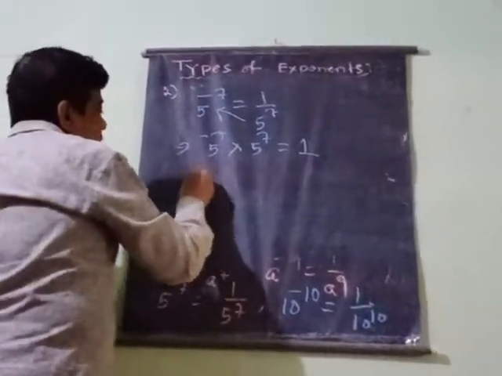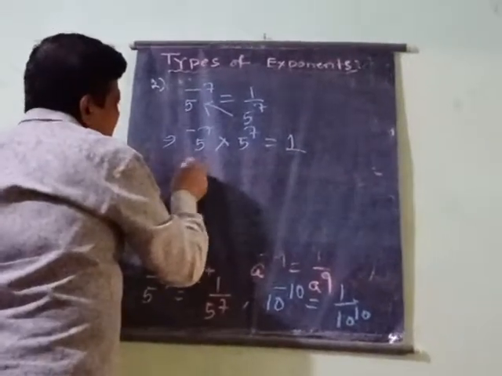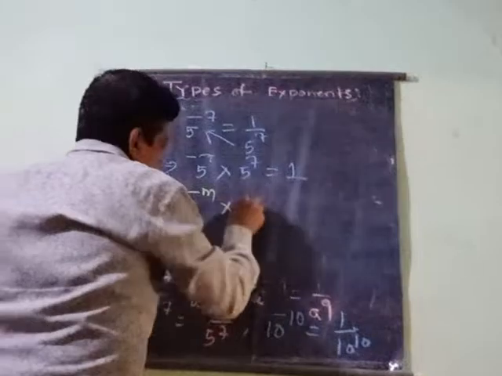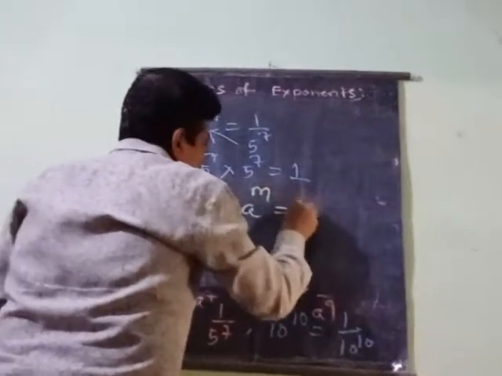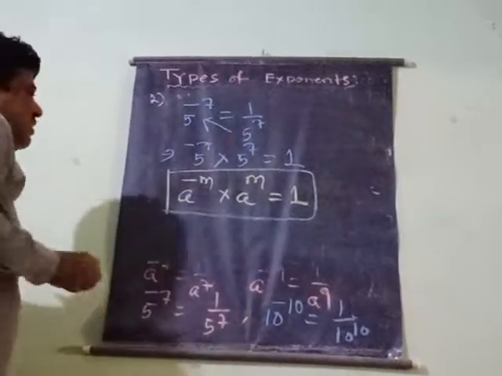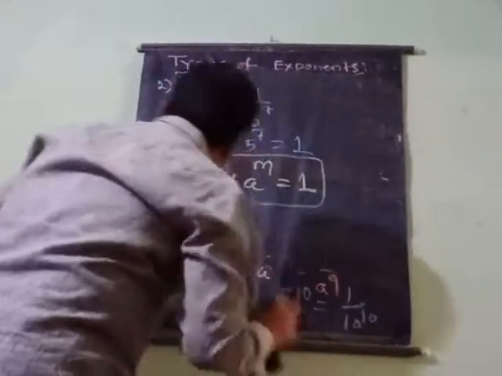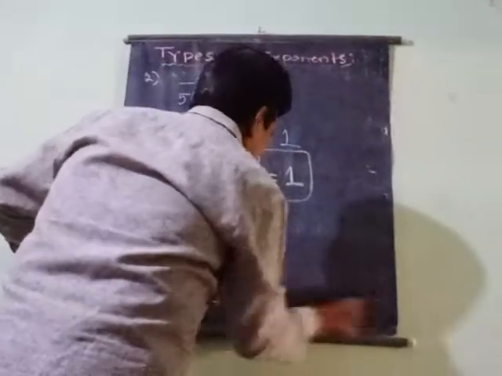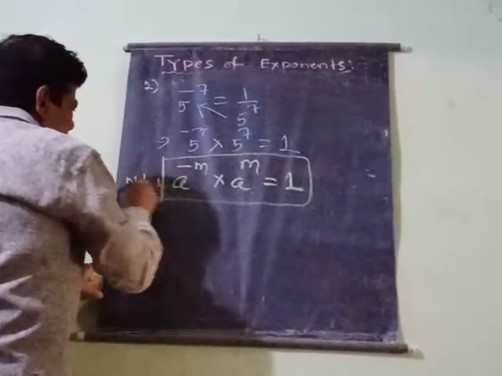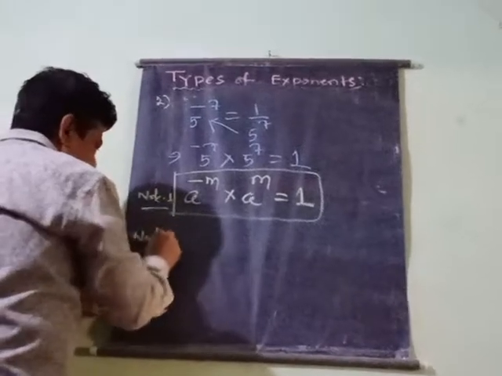So a to the power minus m into a to the power plus m must be value 1. Remember, from this also it is clear. Note 1, note 2.